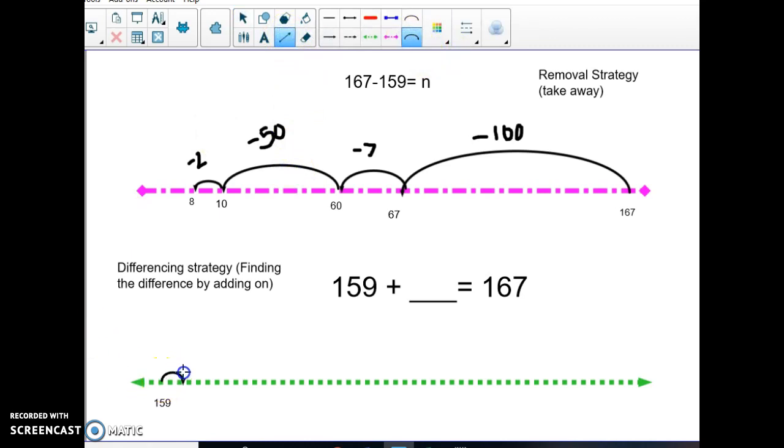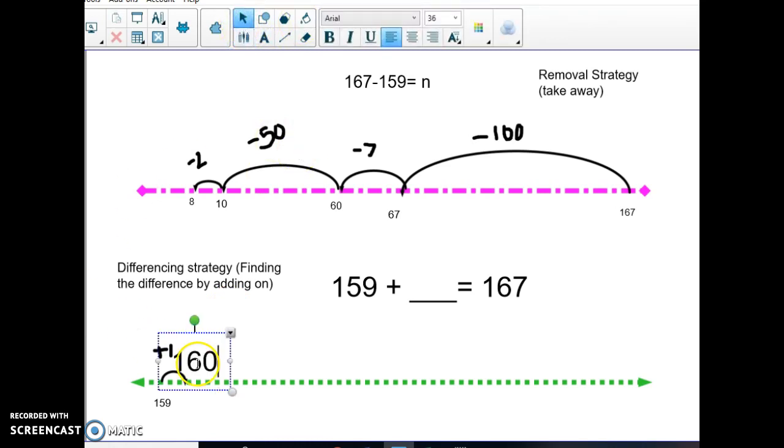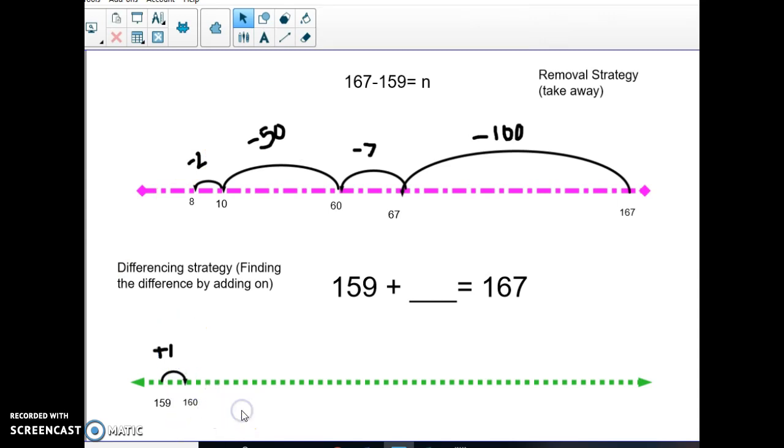Make this a little baby jump, and I'm going to write +1 as small as I can, and I know that gives me 160. And that's a big 160, so I'm going to make it a little bit smaller so it's easier to see. Alright, so +1, I'm at 160, and I have to get to 167.